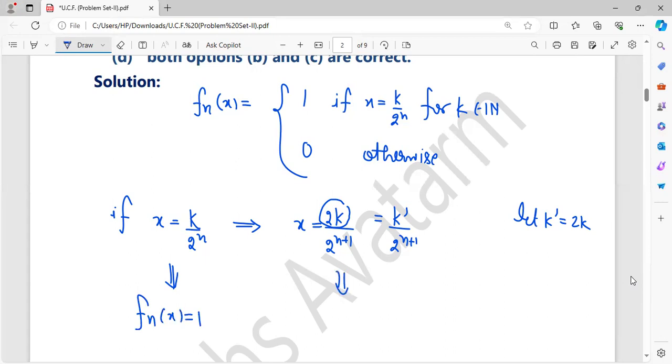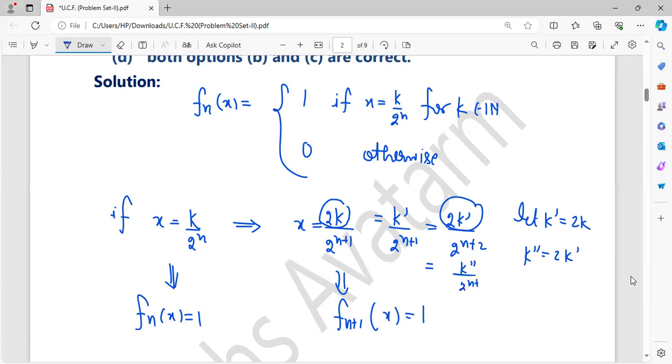And what about f_{n+1}? It will be again 1 because it has this form. Again, you can multiply by 2 to get 2 to the power n plus 2, let's say k double dash, where k double dash is 2k dash. Now I can write it as k double dash upon 2 to the power n plus 2. So f_{n+2}(x) is also 1.